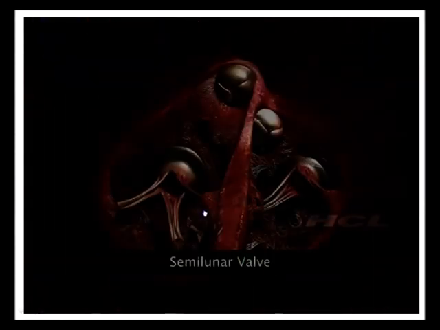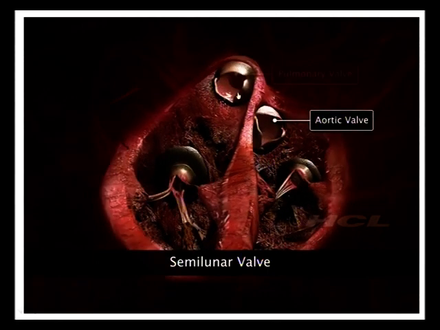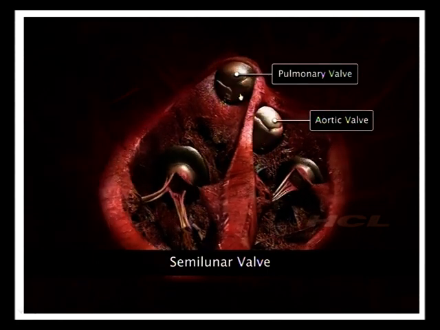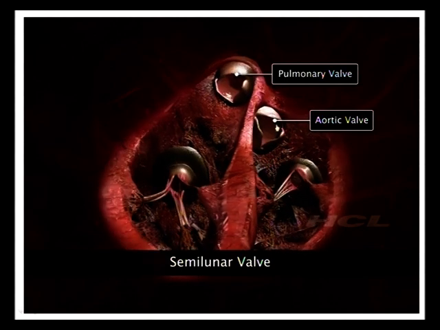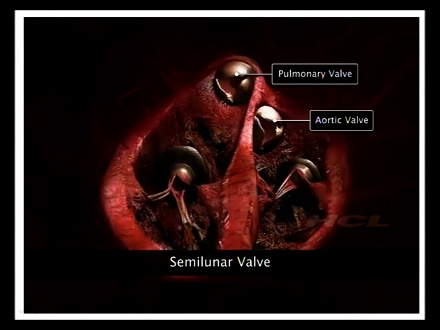Look there, how they are functioning, opening and closing. Yes, this is the aortic valve, this is the pulmonary valve. From this the oxygenated blood is supplied to all parts of the body, and from this the deoxygenated blood is supplied to both the lungs.